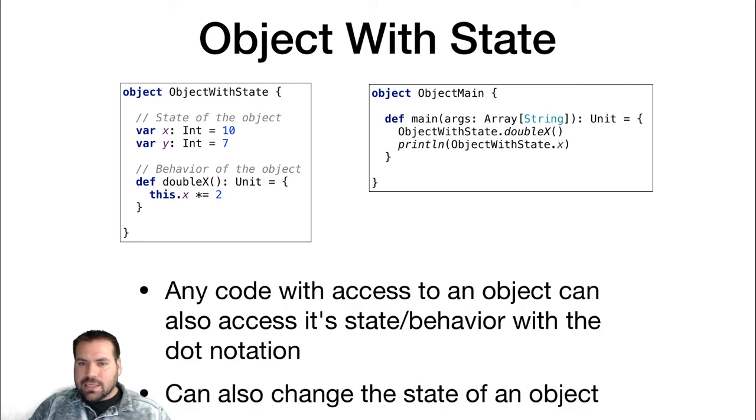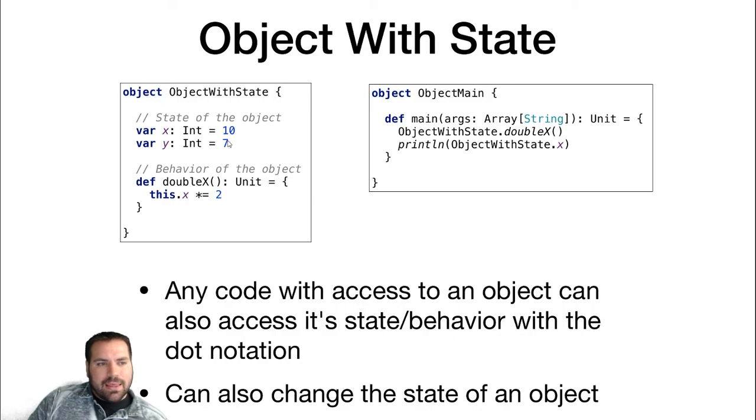We do that actually with methods, with behavior, with the math object. So math is an object that has a lot of methods that help us do math. Math, the object, has a method called ABS, which takes a number, either a double or an int or any other type of number, and returns that same number but without the negation, without the negative. That's the same thing we're doing here.